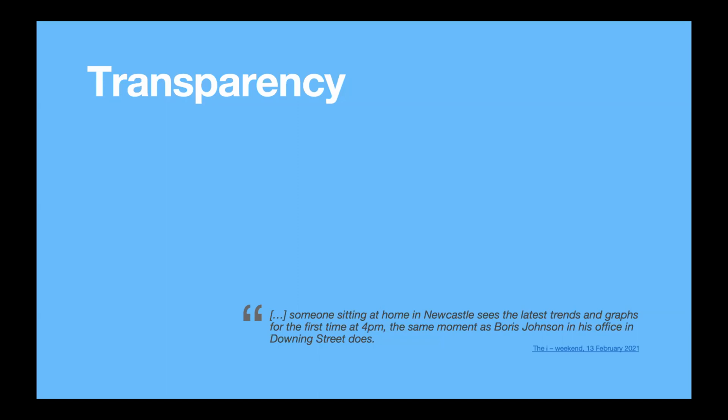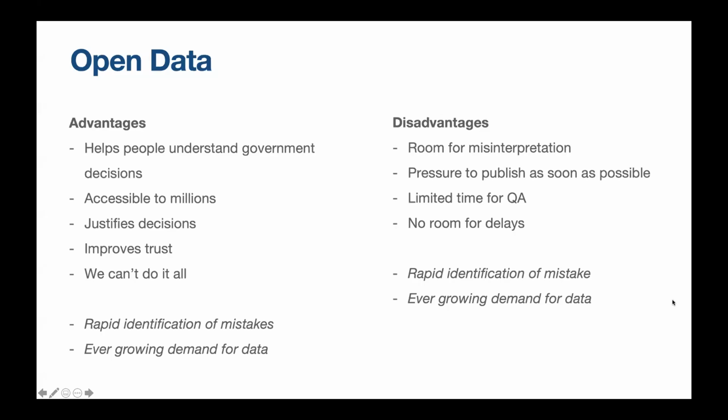It's democratizing the data. It's associating the same degree of importance with everyone who uses this service. Open data has its own advantages and disadvantages, but not all advantages are strictly advantages, and not all disadvantages are strictly disadvantages.